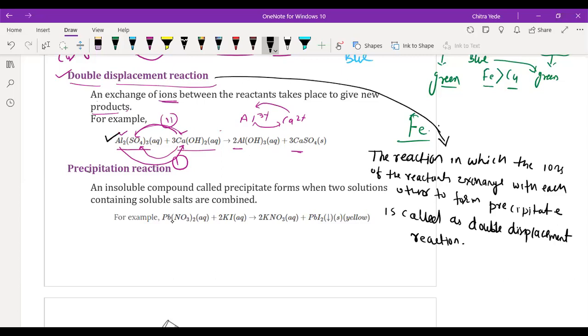So write down the definition. We'll understand with the help of one more example.